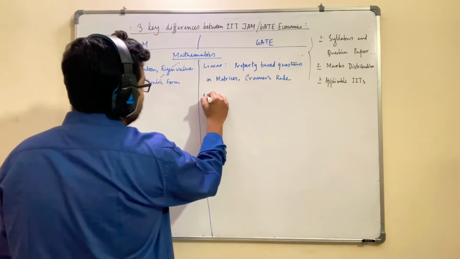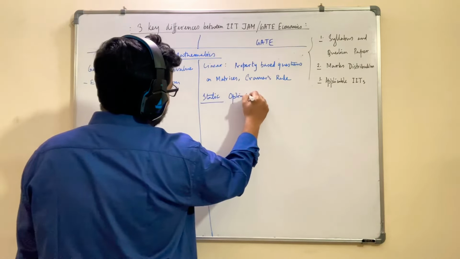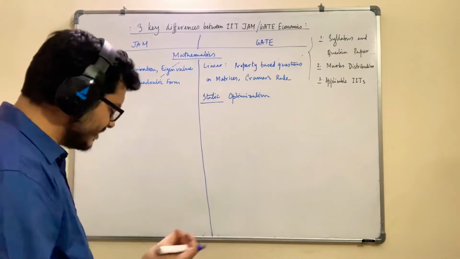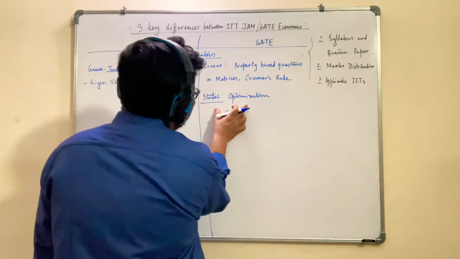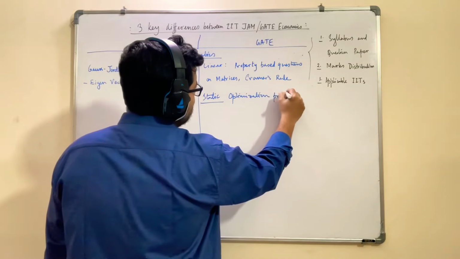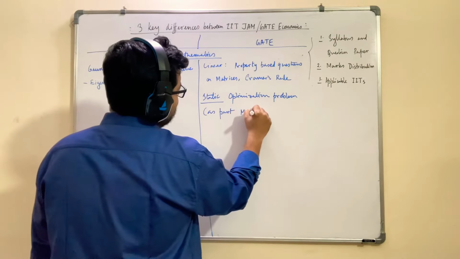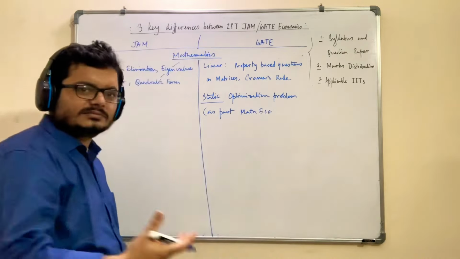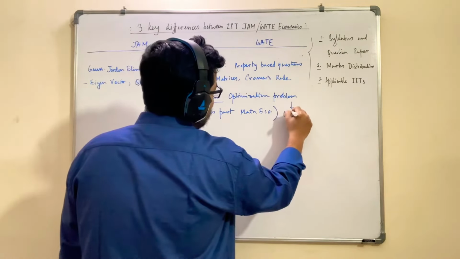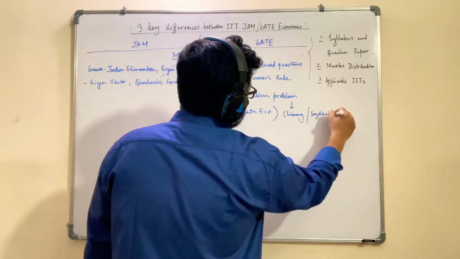In GATE you have explicitly mentioned static optimization. Now we do not really do a lot of dynamic optimization in graduation, right? We do very little. Anyways, so what this means basically is that the optimization problem, I will say, is as part of mathematical economics, not like opening a mathematics book per se. So here I will say that the standard is limited to Chiang or probably Sydsaeter Hammond in some parts.